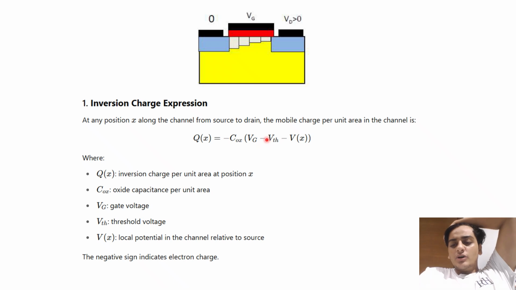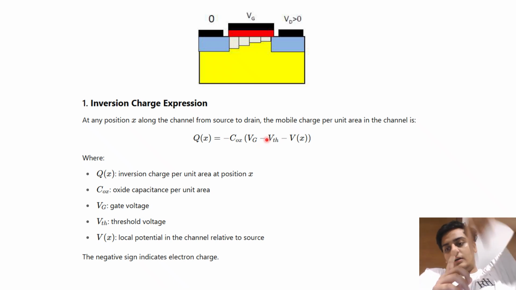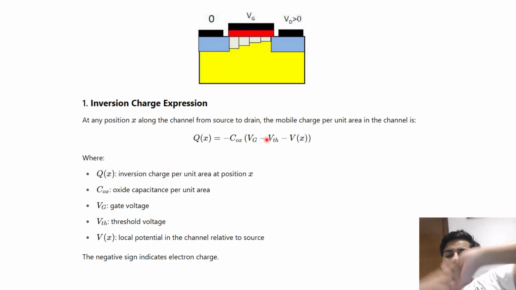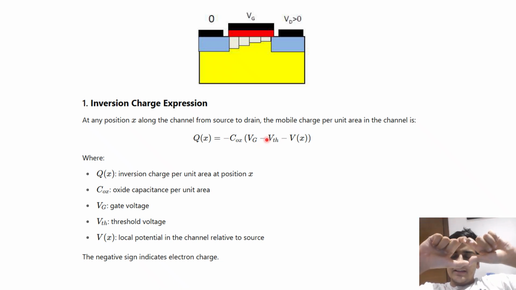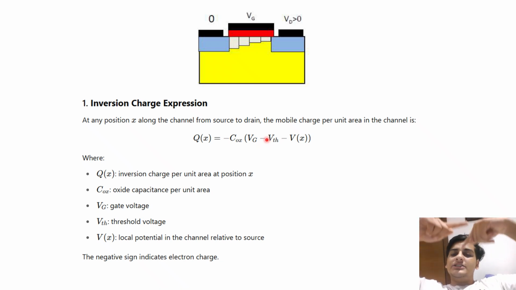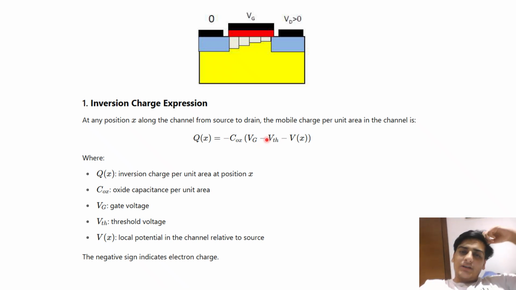So the threshold voltage does not constitute an additional charge in the inversion layer, because it was used to make the depletion layer which we were talking about. So any voltage in excess of the threshold voltage applied to the gate creates this inversion charge when you multiply it by the capacitance.